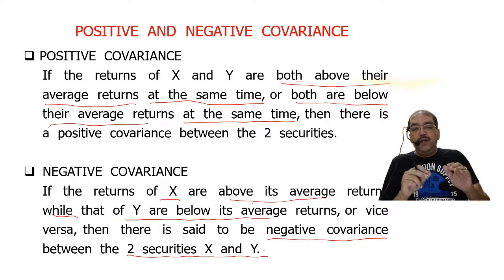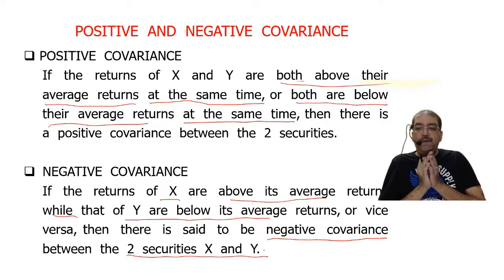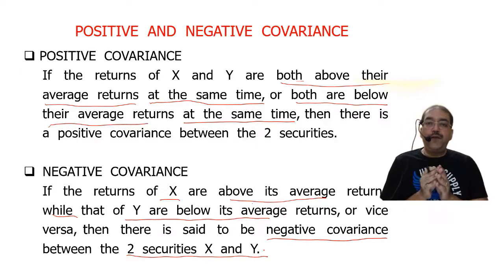Okay. In positive covariance, both were above at the same time or both were below at the same time. Now for negative covariance, one is above its average, the other is below its average. Then there is a negative covariance. Followed?